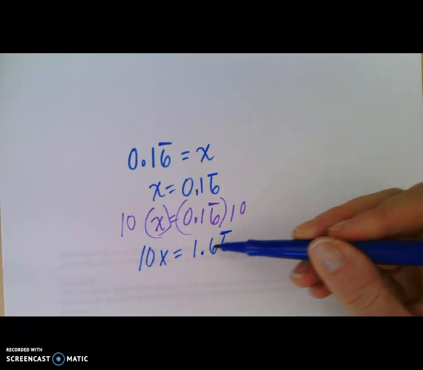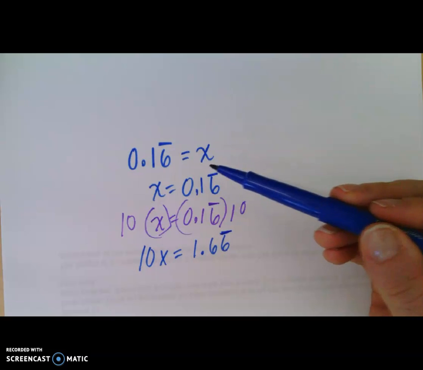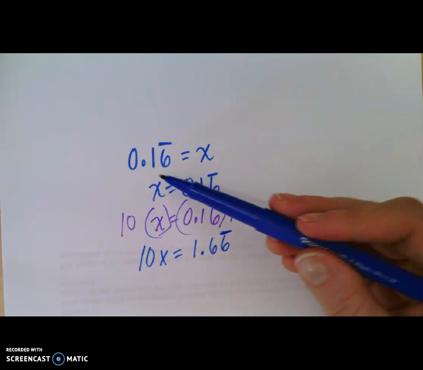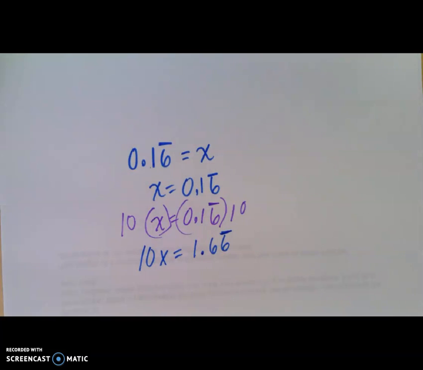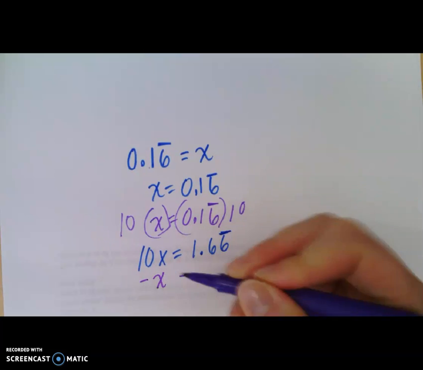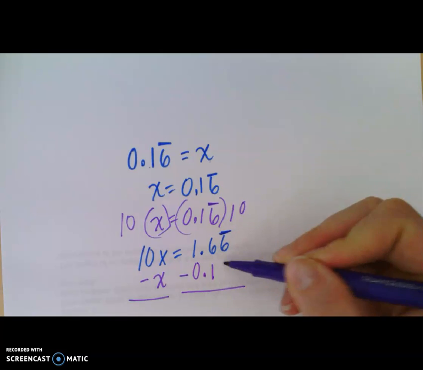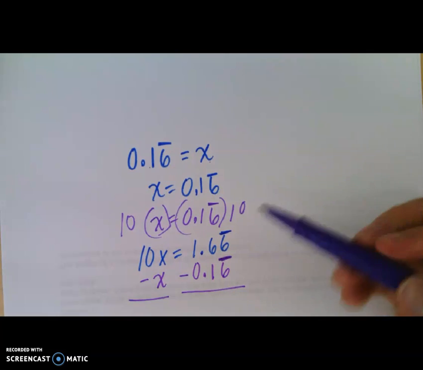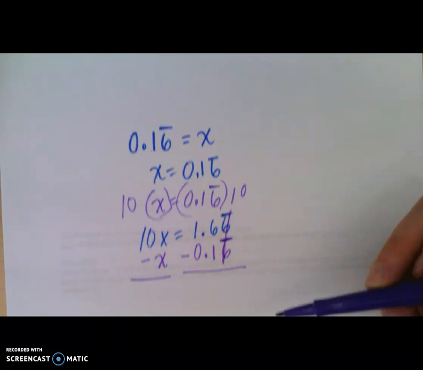Notice I'm going to write 2 decimal places here because when I subtract x, I have 2 decimal places and I want my decimal points to line up. So I'm going to subtract x on both sides, but remember x is equal to 0.16 repeating. That's such good news that these repeating decimals cancel out.